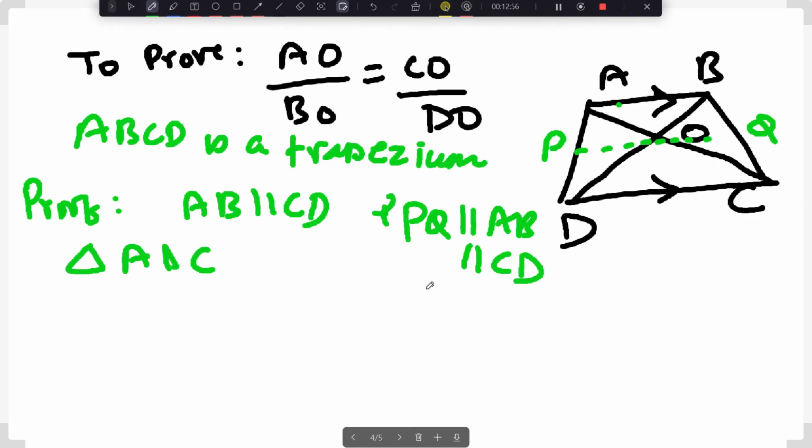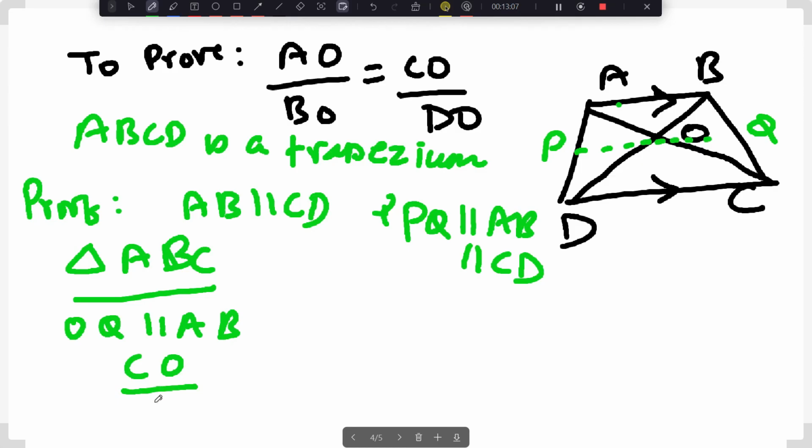This is what we are going to do first. And now we are going to consider ABC. Now in triangle ABC, OQ is parallel to AB. So therefore CO by AO is equal to CQ by QB.